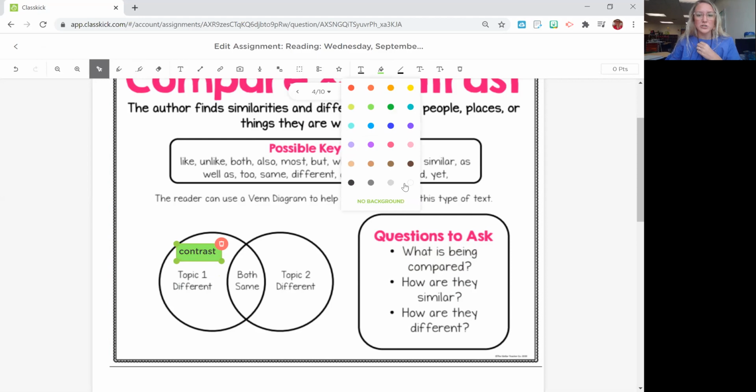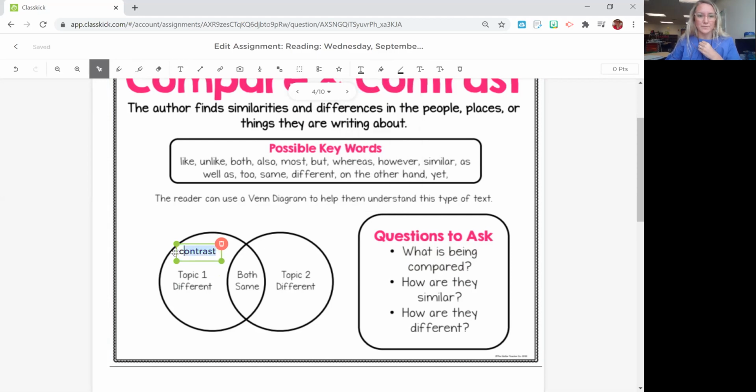They are contrasting. So let's give this a different color. The outside are contrasting. Another one out here for contrasting. Contrasting means that they are different. What is different between these two topics?